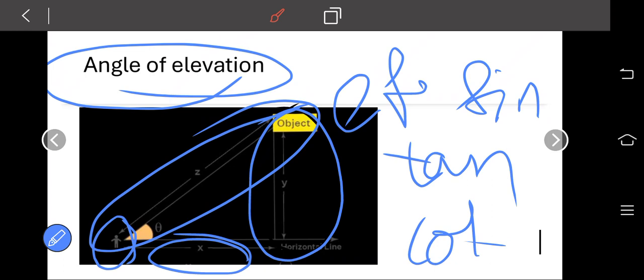Most of the time you use tan and cot, but in some rare cases you will be using sine. So let's take an example and see.